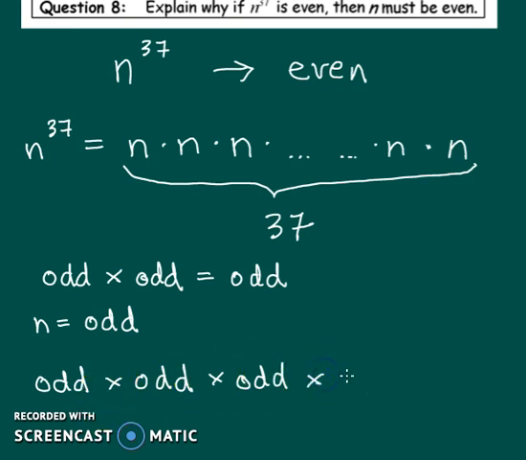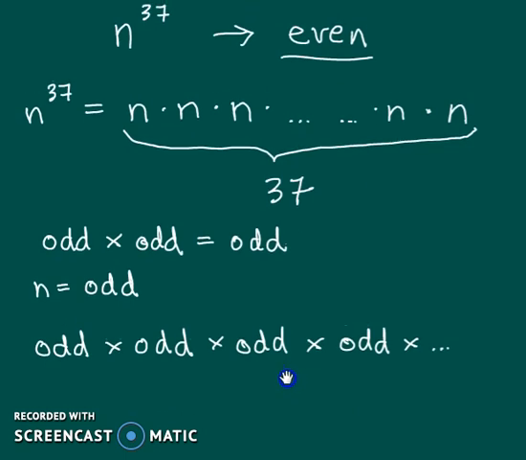And then we multiply it once again, an odd number by an odd number, and once again we get an odd number. So no matter how many times we multiply an odd number by itself, we will get an odd number. But we know that our product at the end is even. So that's impossible. n can't be odd.